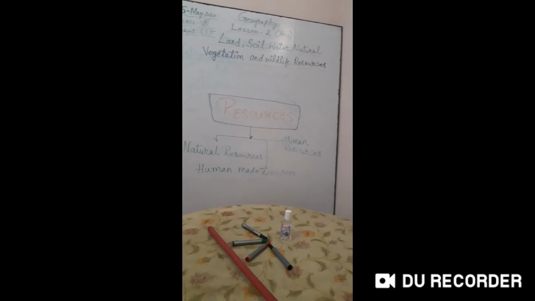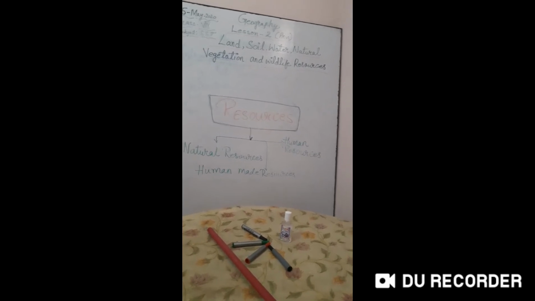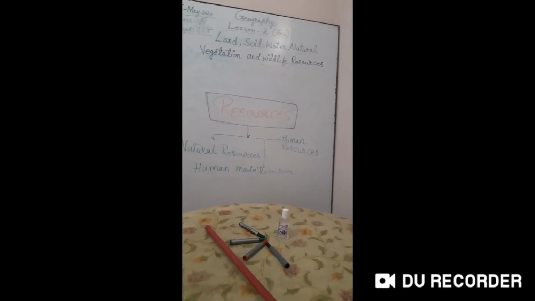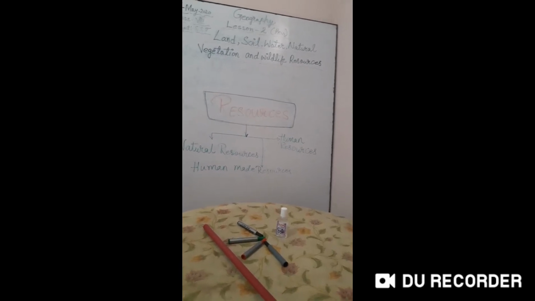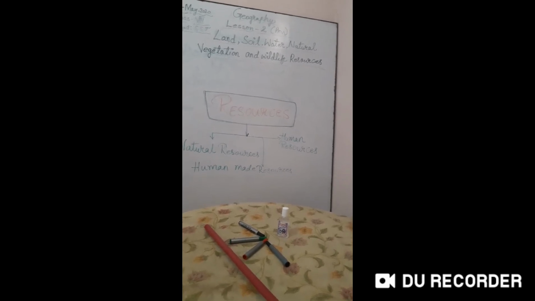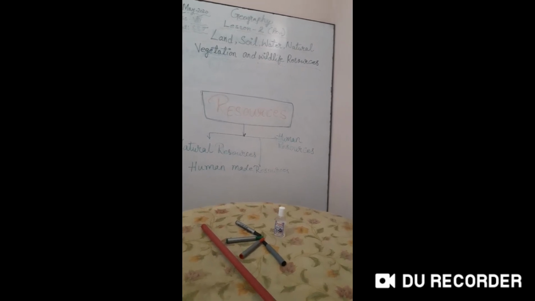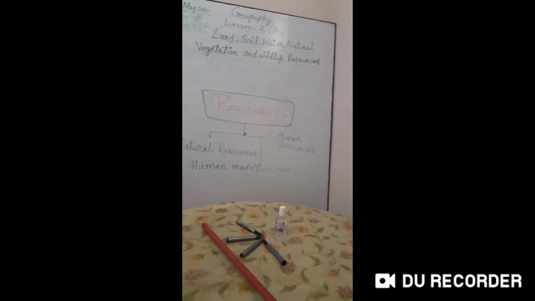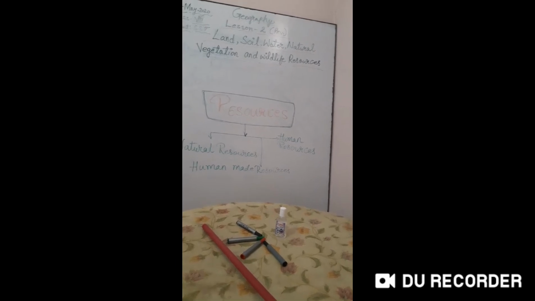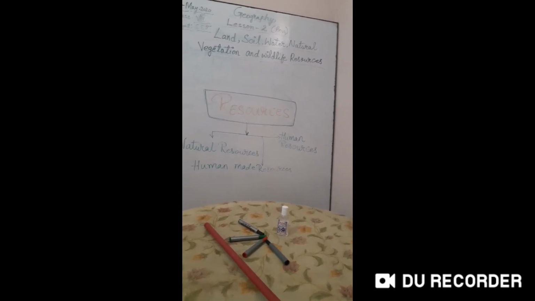For example, when you look at a beautiful painting or scenery, it feels pleasant. So the painting or scenery has utility. Resources also include stationery material, clothes, utensils, furniture, your teacher, school, rivers, water, electricity, and so on.